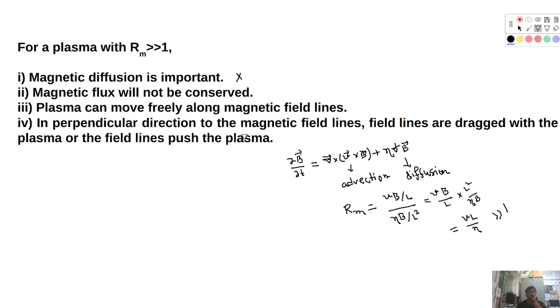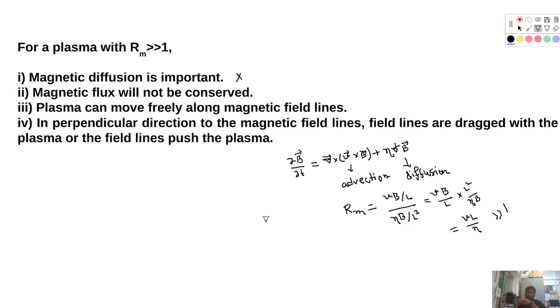Now the magnetic flux will be conserved. What does advection actually mean? This is a theorem like Alfven's flux freezing principle. It tells us that if your plasma is moving, it will drag the magnetic field embedded with it, such that at every point in its motion, the magnetic flux associated with that particular plasma will remain conserved.